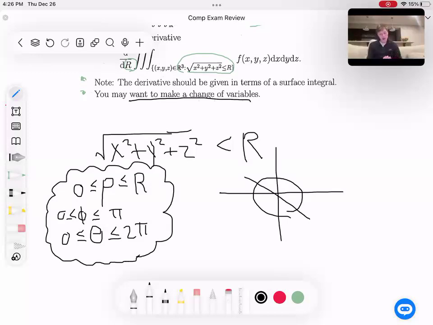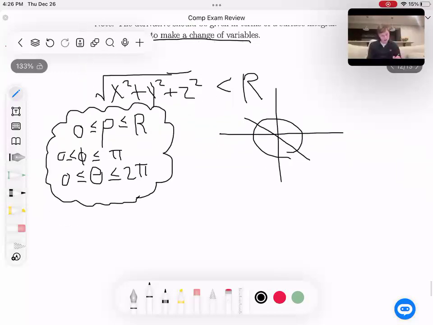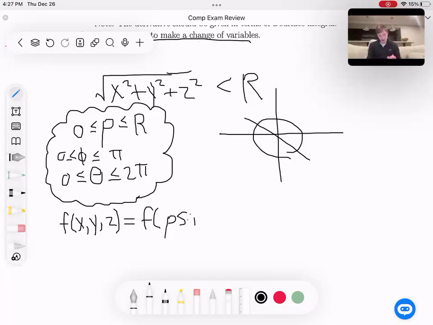And we also know that we're going to have to change f of xyz. We don't actually have a specific value for this function. However, we do know that in spherical coordinates, x is equal to rho sine phi cosine theta.